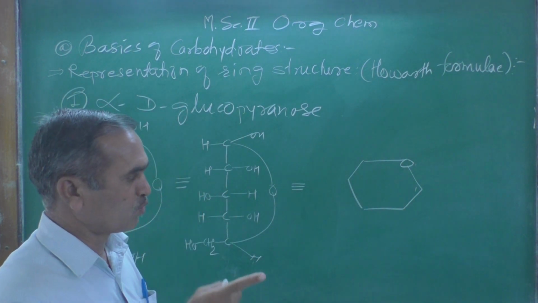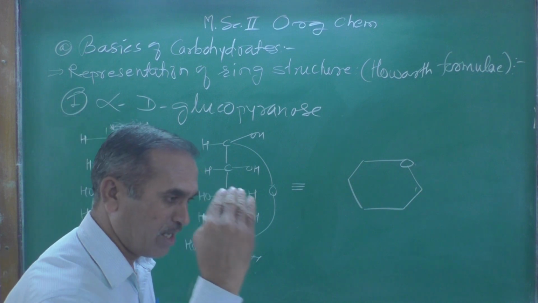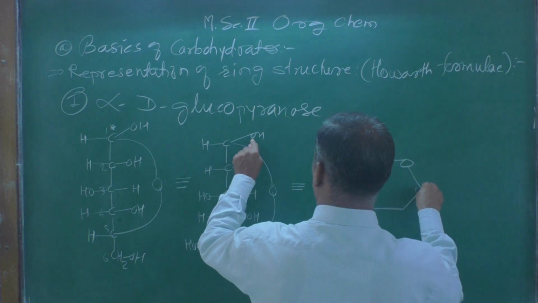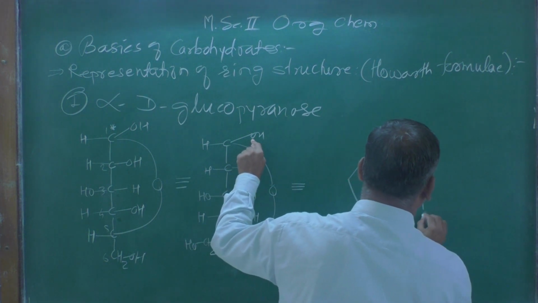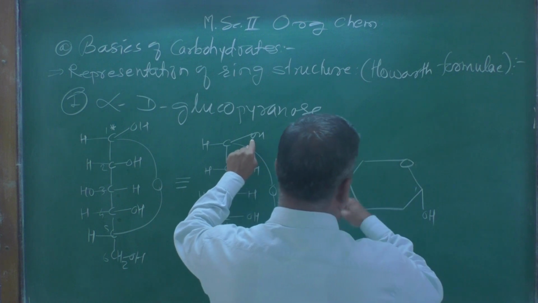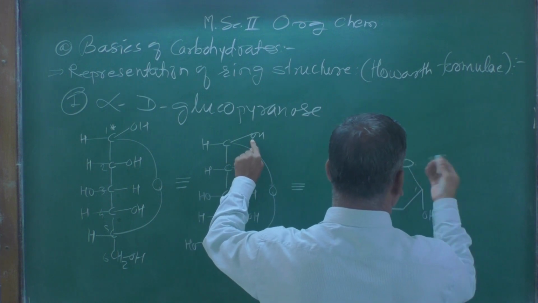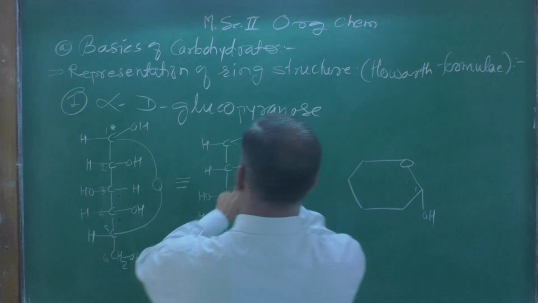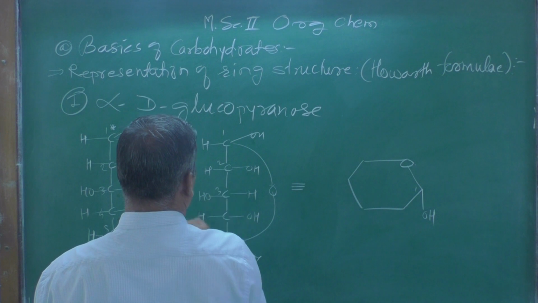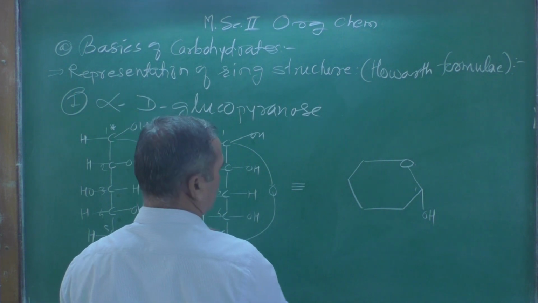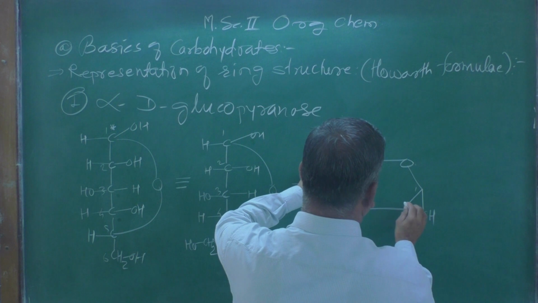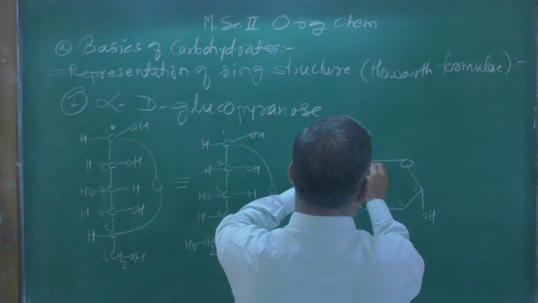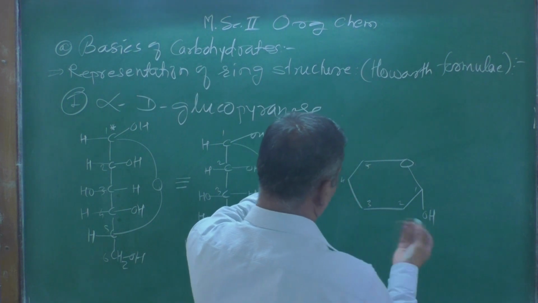Remember those groups which are present on the right hand side, you must write below the plane, and here the hydrogen atom, no need to show it, but here again this hydroxy group, carbon number 1, 2, 3, 4 and 5 and this 6. Okay, carbon number 1, 2, 3, 4, then 5 and rest of the 6 over there.